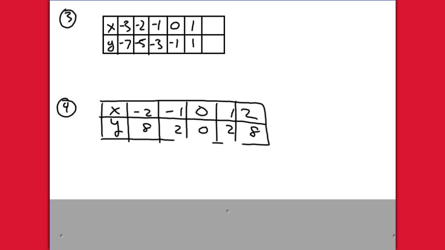As the x's increase, the y's increase. What's the difference between these two? Do you see any constant change here? Yeah, the y's are increasing plus 2, plus 2, plus 2, plus 2. This is constant.